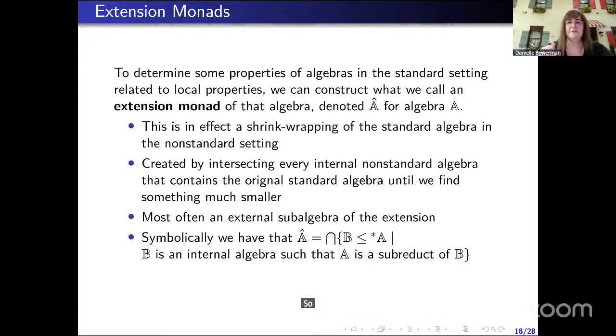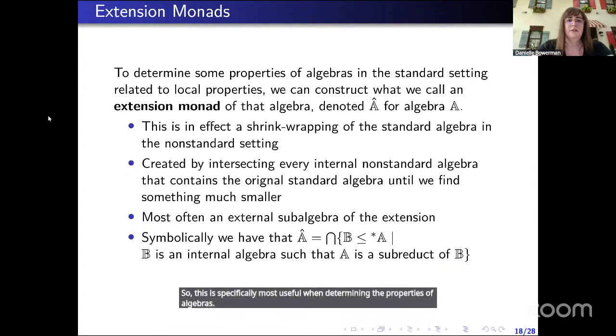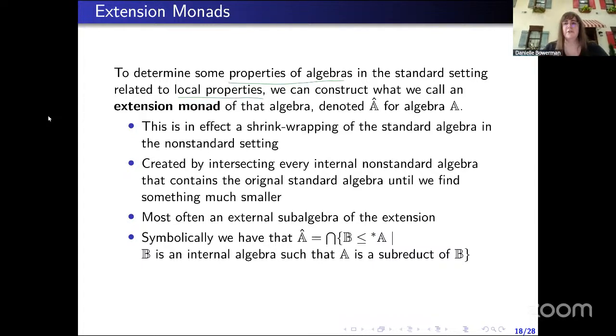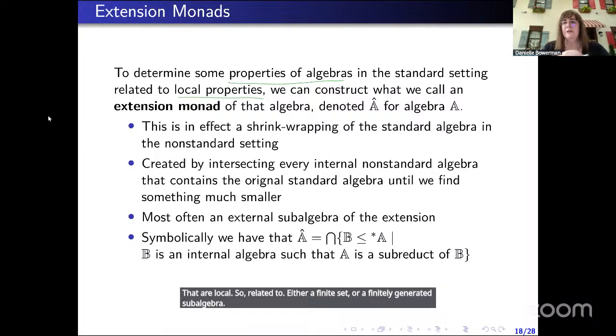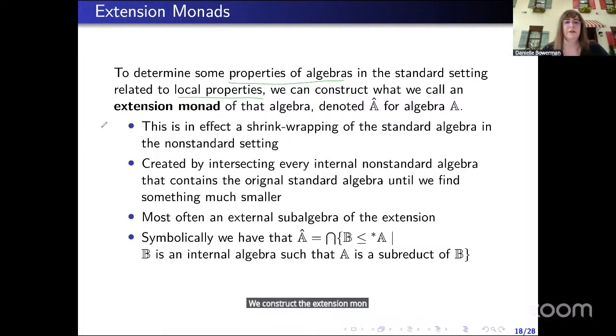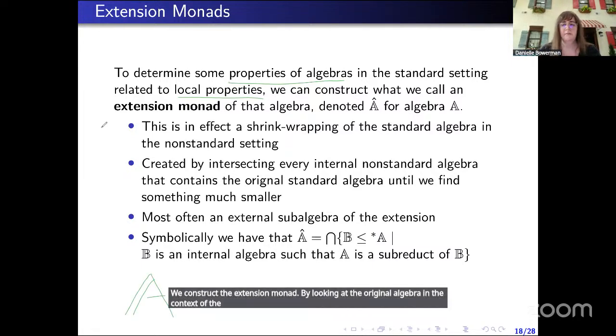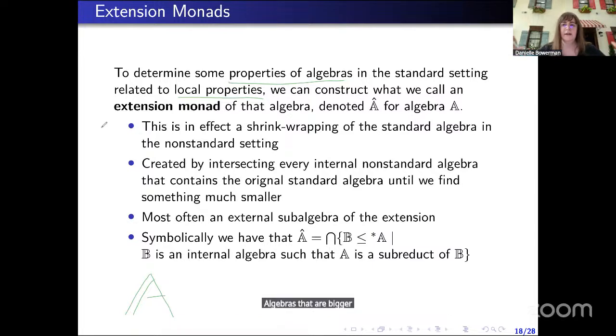So this is specifically most useful when determining the properties of algebras that are local, so related to either a finite set or a finitely generated subalgebra. We construct the extension monad by looking at the original algebra in the context of the internal algebras that are bigger than it and shrink wrapping onto it by taking repeated intersections of every internal algebra bigger than it.